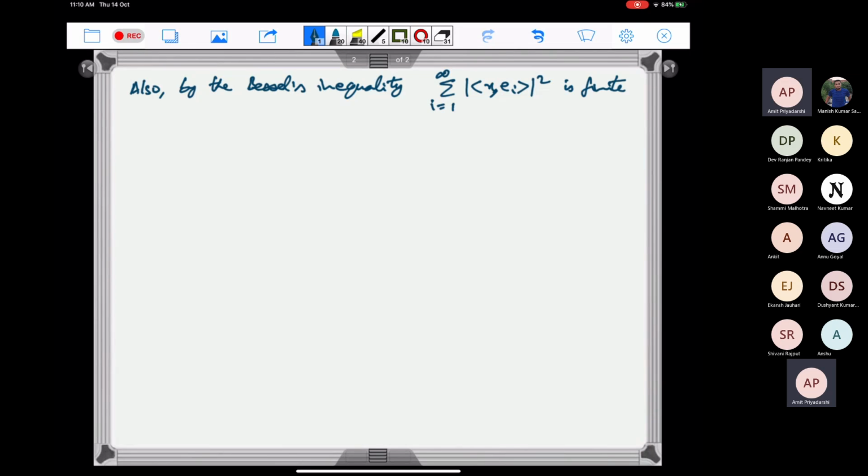Because Bessel's inequality says that this sum is less than or equal to norm x squared. So this is a convergent series.